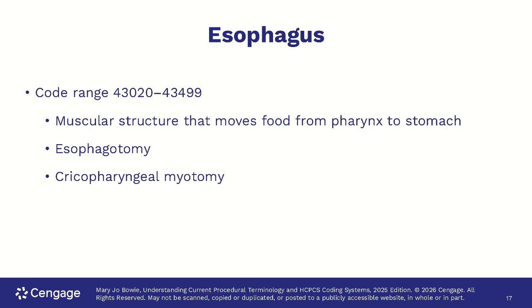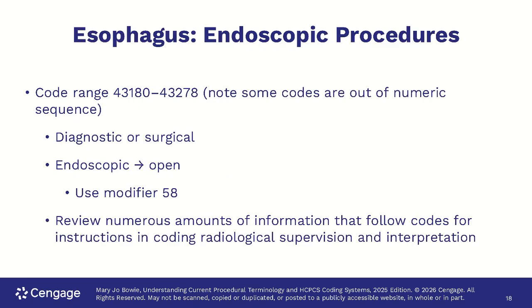So you have incisions, you have excisions, and with excision procedures, what you'll want to note is codes are determined by how much of the esophagus is removed. So you got to pay attention to that in the operative report.